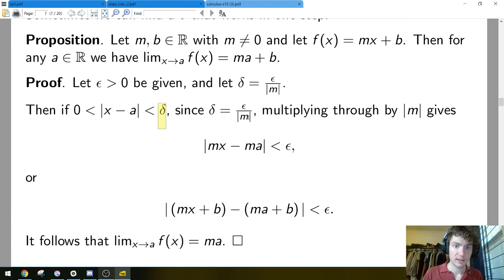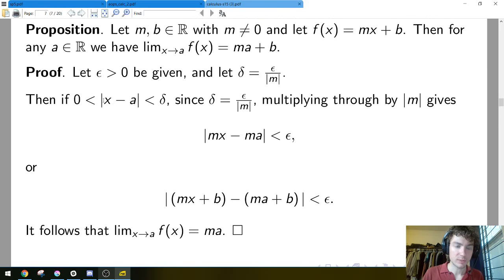On the right side you clear the denominator. There's no absolute value of m downstairs. On the left side, I showed you this property last time, that the product of two absolute values, the absolute value of m times the absolute value of x minus a, can be simplified. You can move the m inside. So in that step I've just moved that inside.